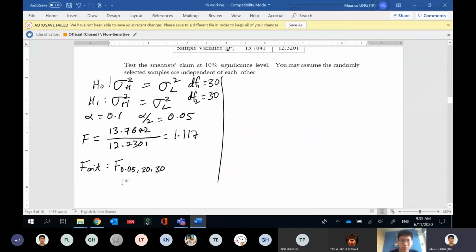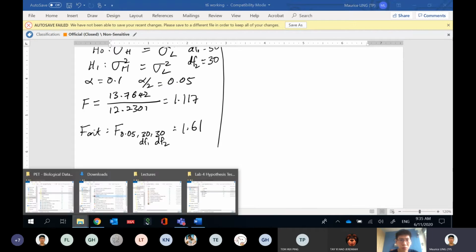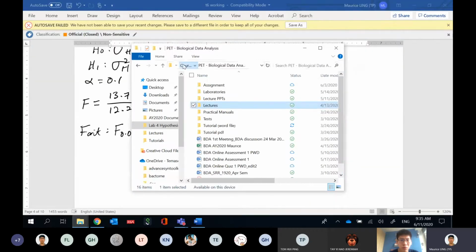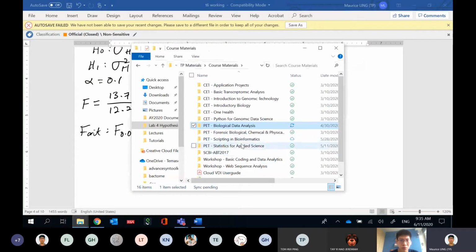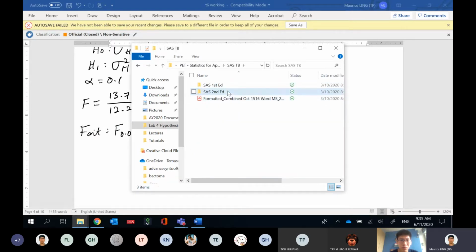Anyway, assume that you are correct. It's 1.61. Now this is your first degrees of freedom and second degrees of freedom. So make sure you read the table correctly. It's very easy to misread the table. Let me just hunt down the table. The table is actually not in here. Let me go and find the table.